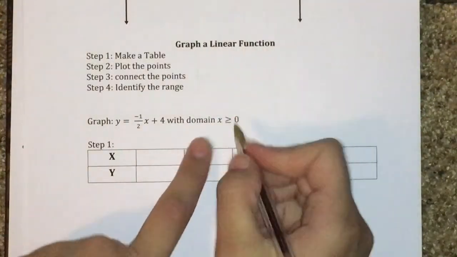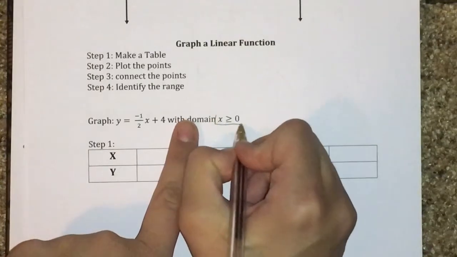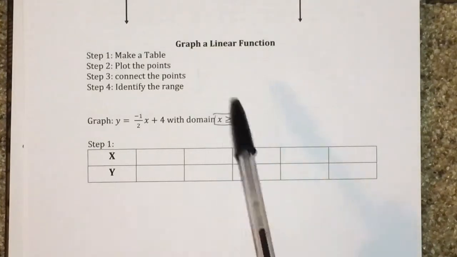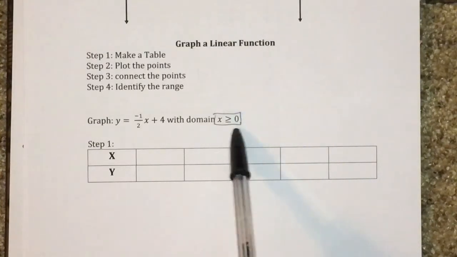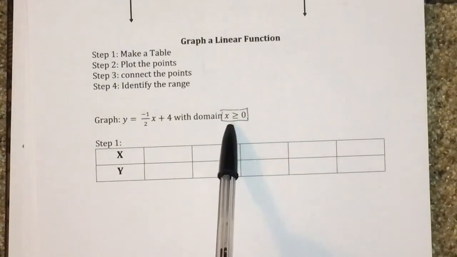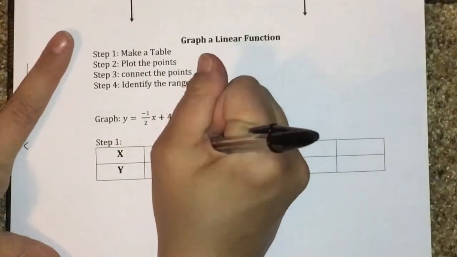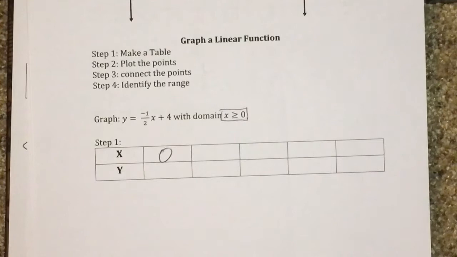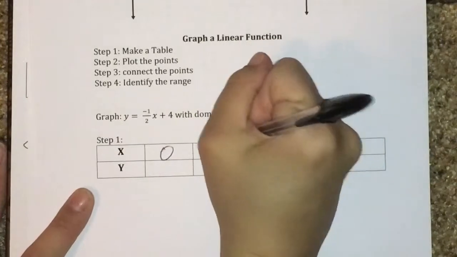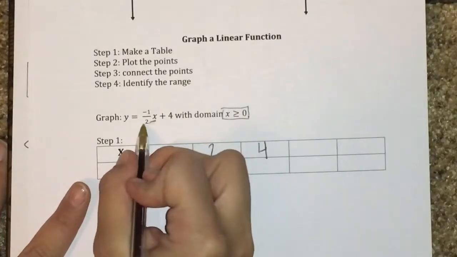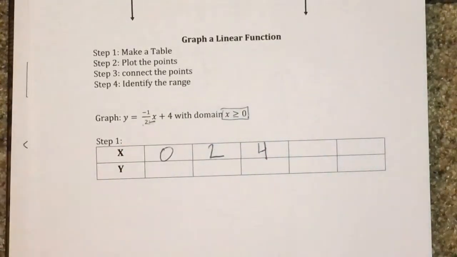This table has to go with this domain, which means I am not going to put points in my table that are less than 0, because it says x is greater than or equal to 0. So I'll plug in 0, and then any other numbers above 0. I'm going to stick with even numbers, because I'm going to be multiplying by 1/2, and if I keep these even, that will make it easier to multiply by 1/2.